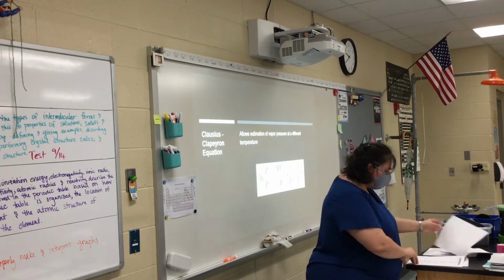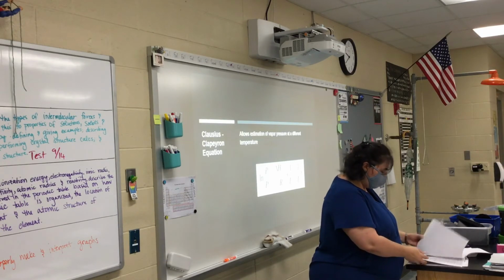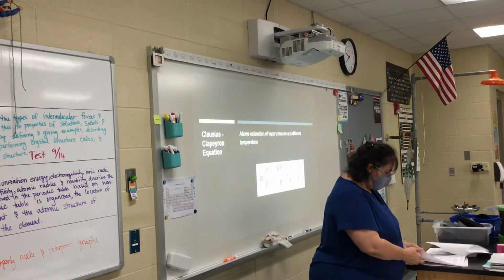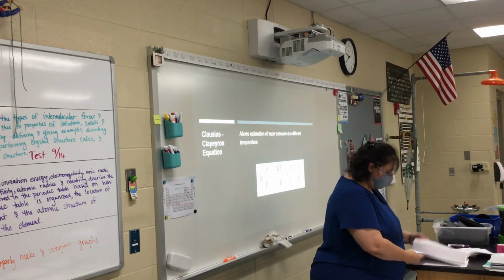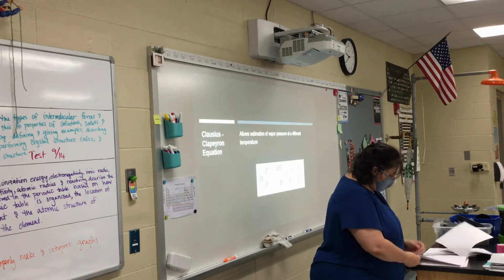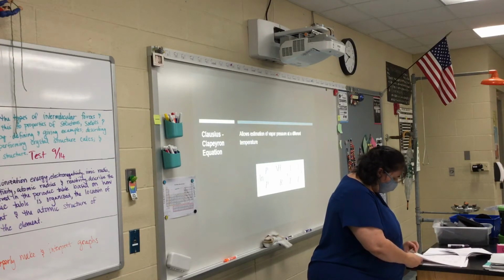Remember your resource packets of fun from last year? Yeah, so the gas constant should be in there. And you should also have in there the conversion from Celsius into Kelvin.